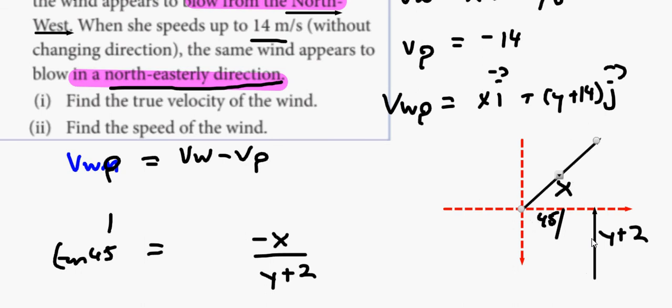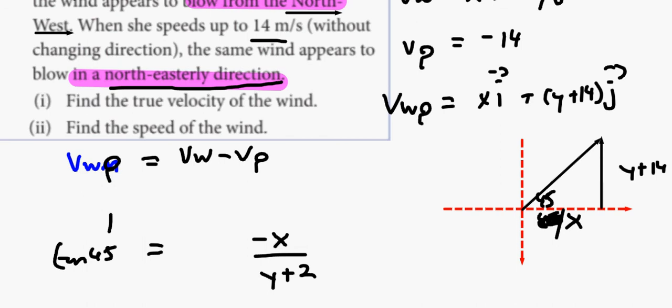Okay? So we're just going to grab this here, like so. Drag it to northeast. You're not y plus 2 anymore, you're y plus 14. And this is still 45 degrees, isn't it? And would everybody agree it's still x on the bottom? Now, is this a problem quadrant where we have to adjust things?